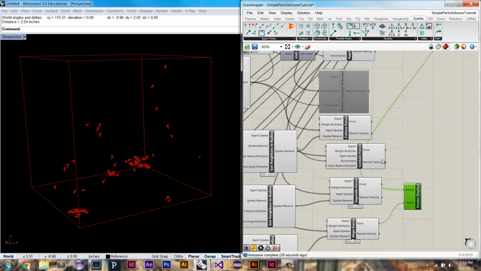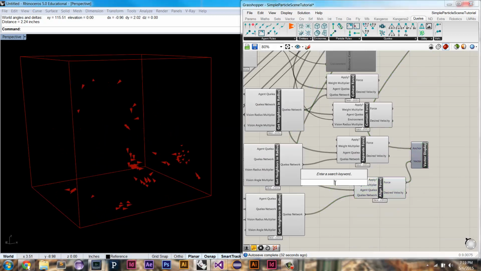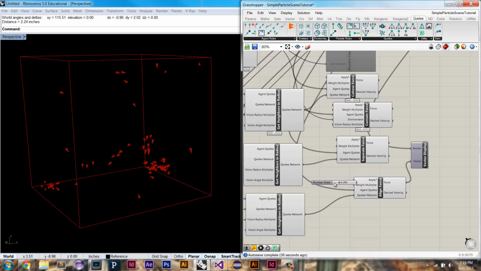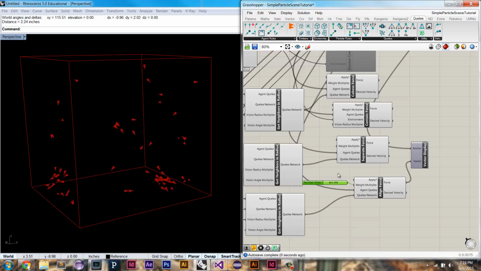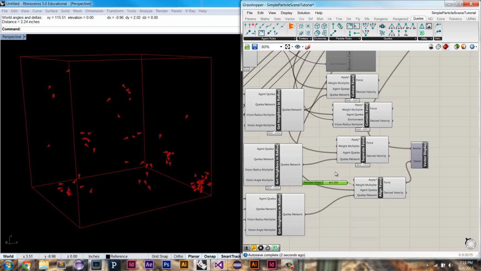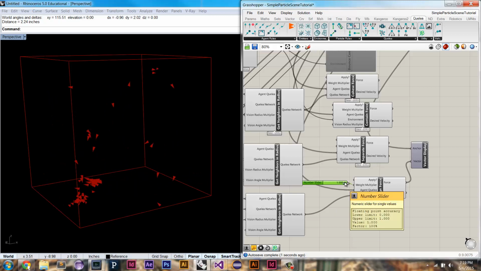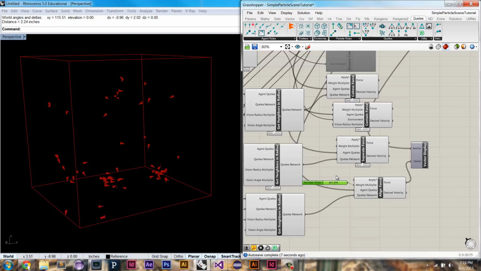It's pretty obvious. A lot of times I find the alignment to be weighted too highly, and so I'll tone it down a little bit by using the weight multiplier, so they don't align as strongly. You can see the difference between that and what I had. Yeah, a little less alignment going on, right?